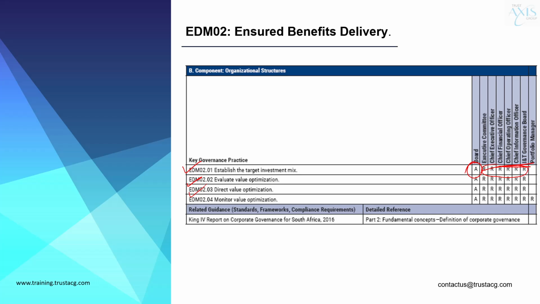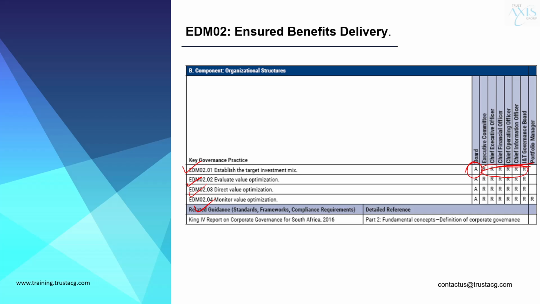And finally, the last objective that we discussed in the previous slide was around monitoring the value optimization, which involves continuously monitoring whether the realized benefits align with the expectations which were projected in the business case.